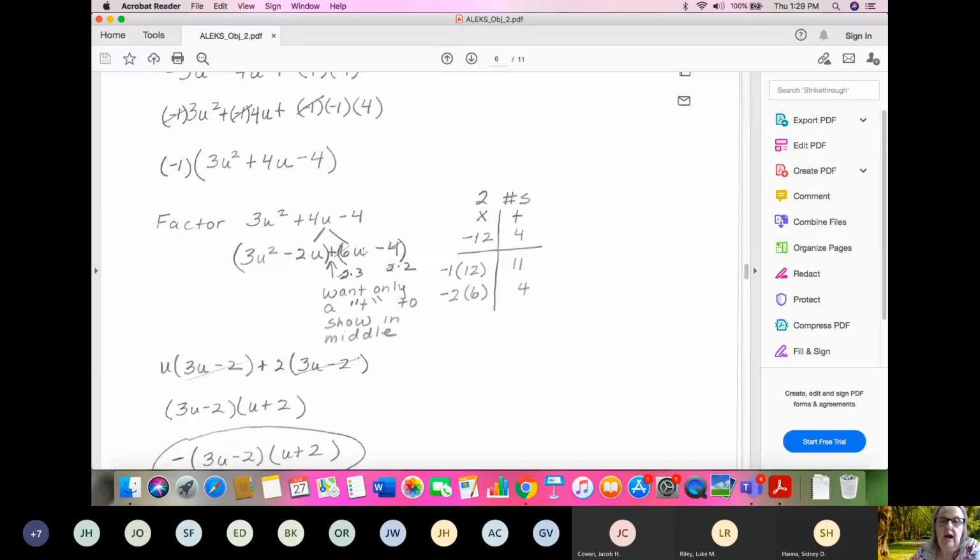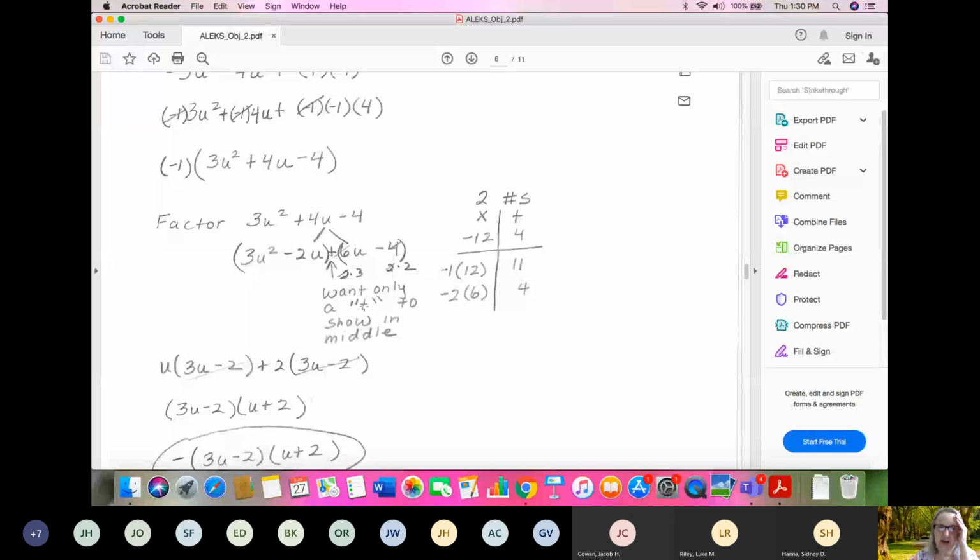U. And then also plus 6 of what? U. Then I put parentheses around each pair of terms so that only a plus sign shows in the middle.